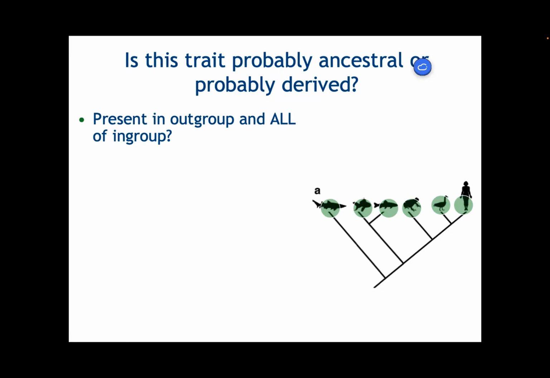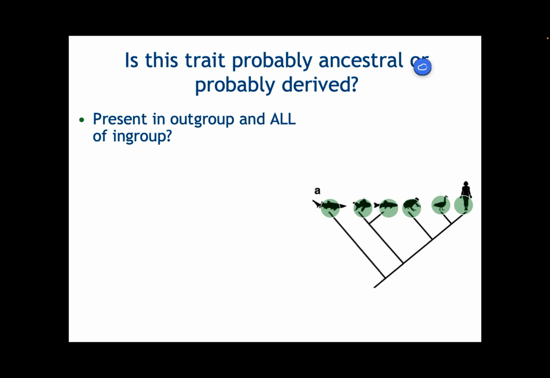Yeah, I would agree. A trait like this is probably ancestral. The most likely explanation is that the most recent common ancestor of everybody, so the whole in-group plus the outgroup, probably this guy had a backbone as well, and this is why all of its descendants have that trait.